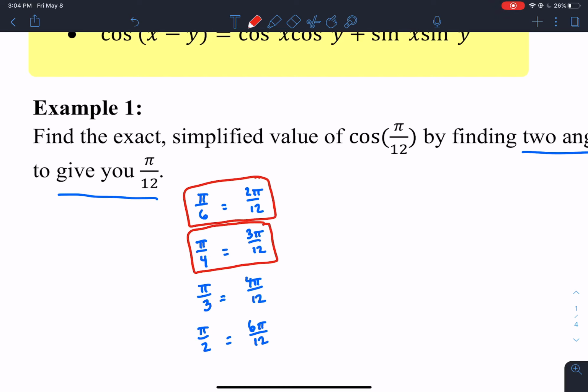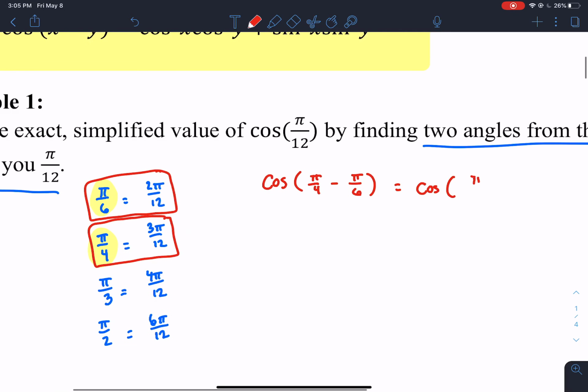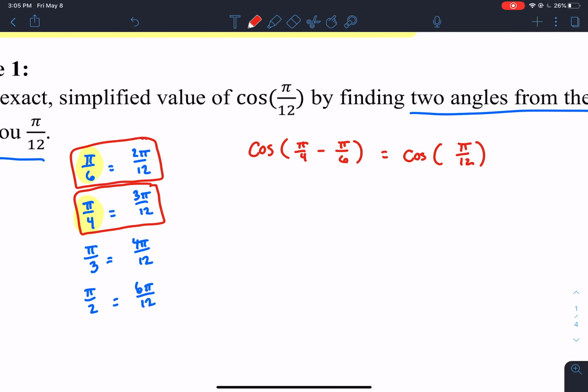So the two angles I'm going to use are pi over 6 and pi over 4. How I'm going to write this is cosine of pi over 4 minus pi over 6 gives me cosine of pi over 12.